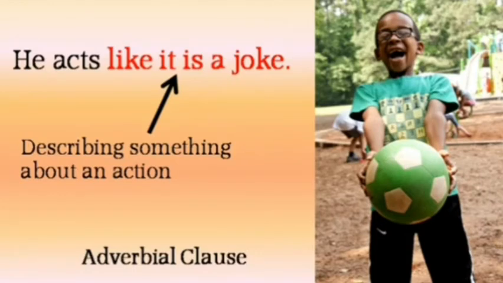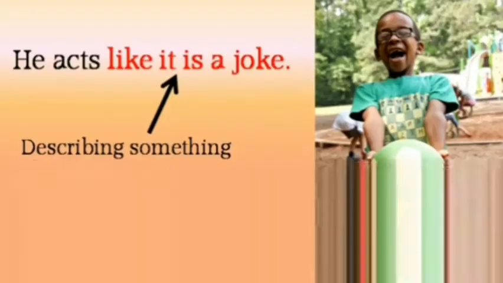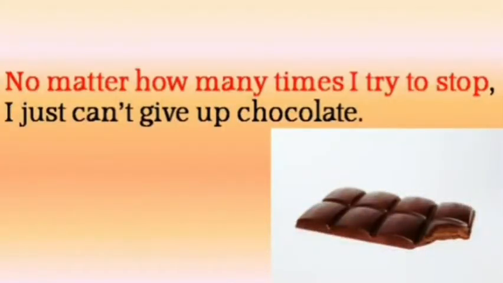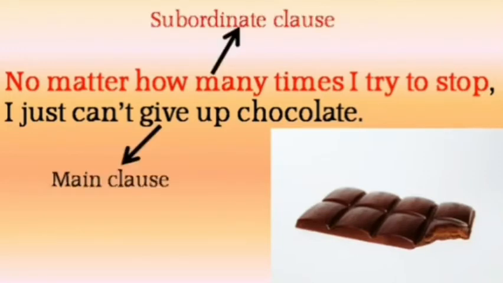Adverbial clause or adverb clause is always a subordinate clause. Means it cannot stand alone on its own. No matter how many times I try to stop, I just can't give up chocolate because I love chocolate. Anyway, no matter how many times I try to stop what? Sounds incomplete. So, it is a subordinate clause which needs a main clause. It is an adverbial clause that modifies a verb, that is, add extra meaning to a verb.